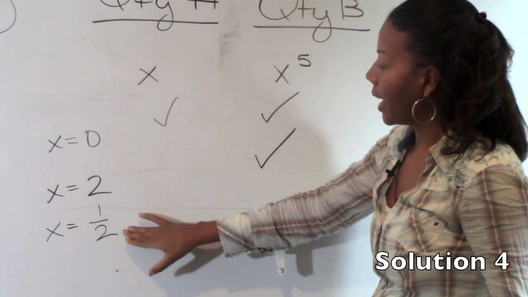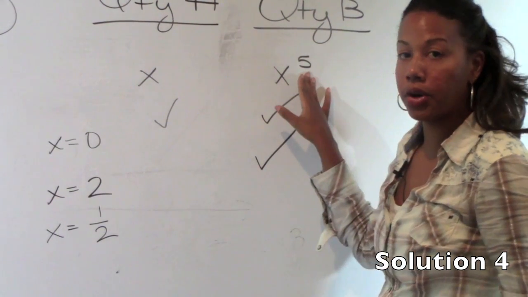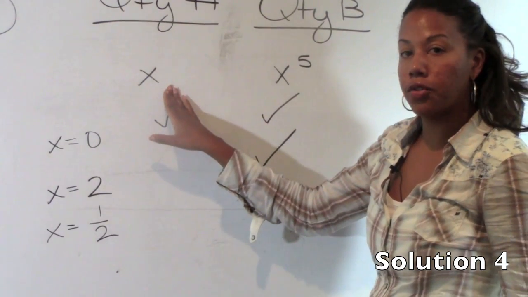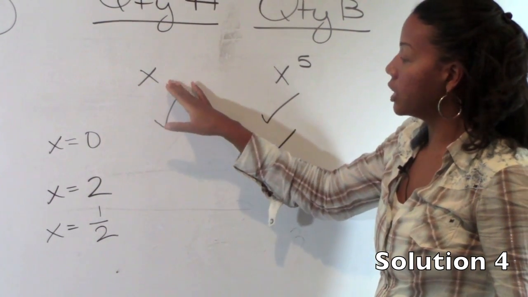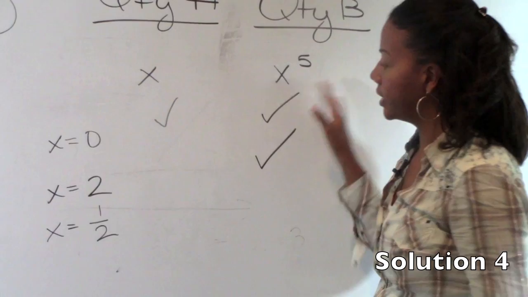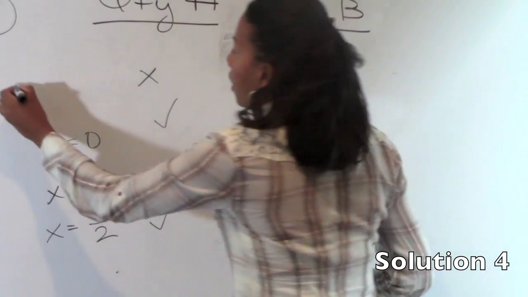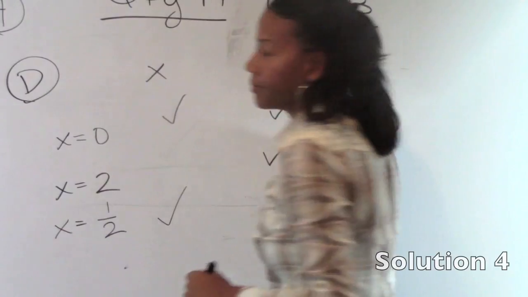Okay? So 1/2 raised to the 5th power is 1 over 32 when this column is 1 over 2. So this would be 1/2 and this would be 1/32, so column A would be bigger. So overall, our answer is D.